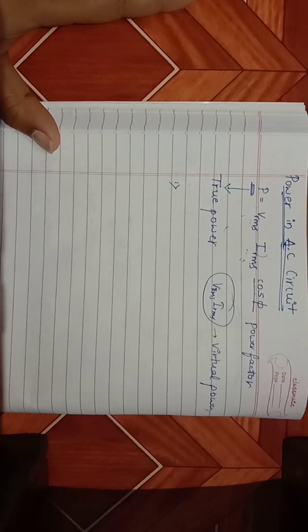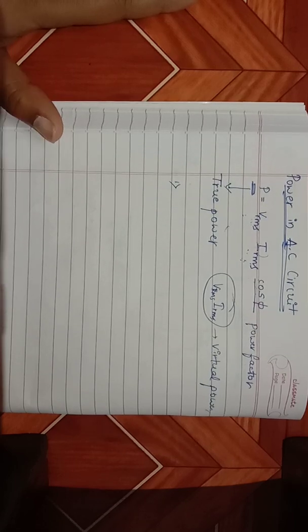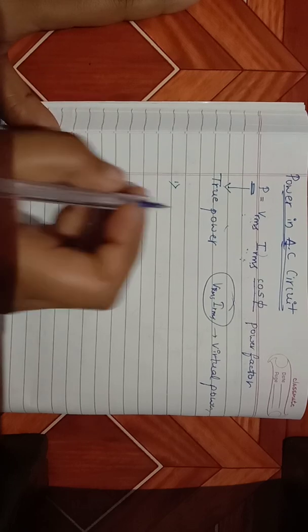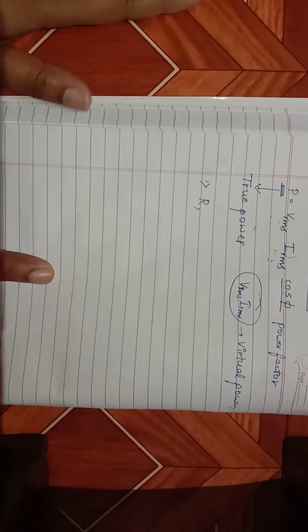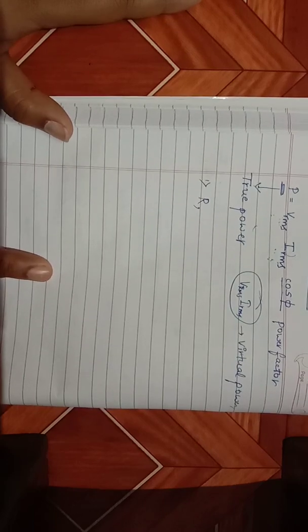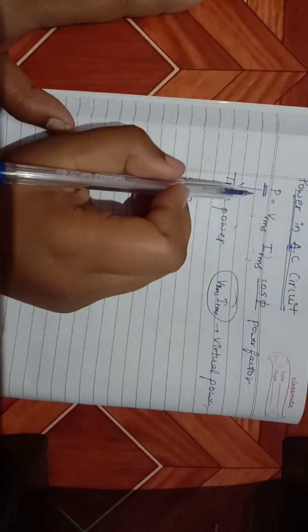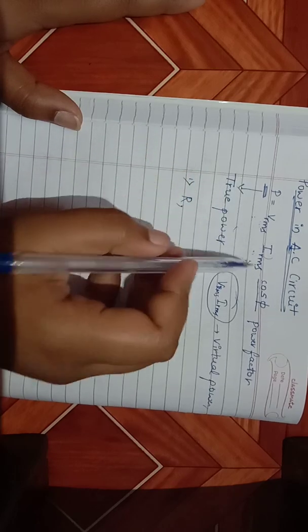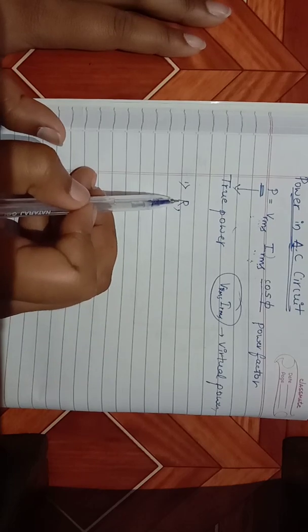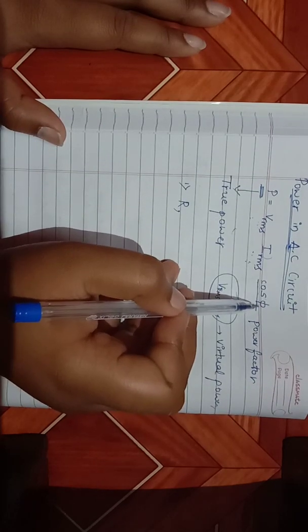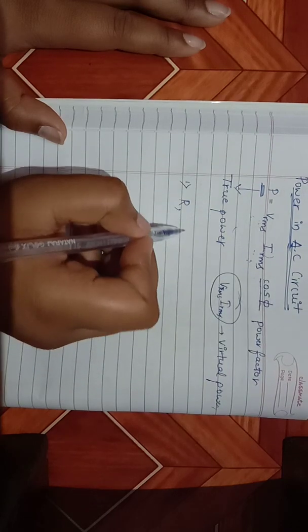If the AC circuit is having only a resistor, in that circuit only resistor is there, at that time what will be the power? How can we think of this? We have this formula, P is equal to Vrms into Irms into cos phi. If only resistance is there, the angle phi is equal to 0.